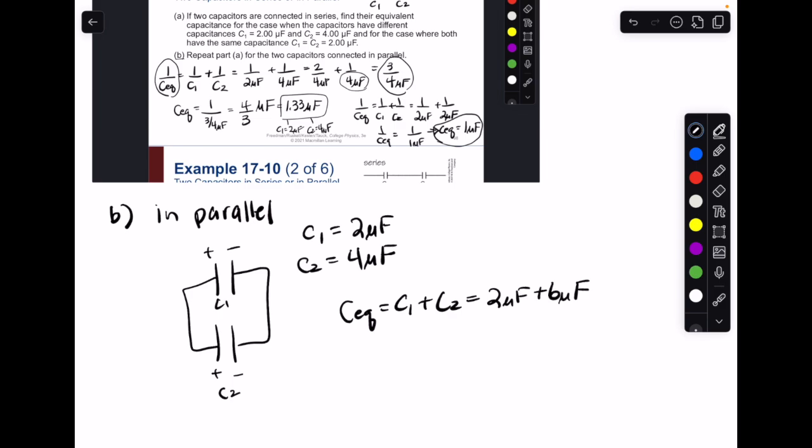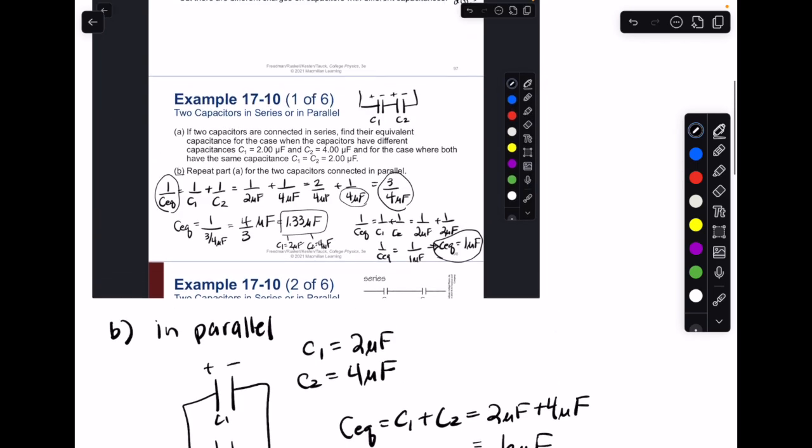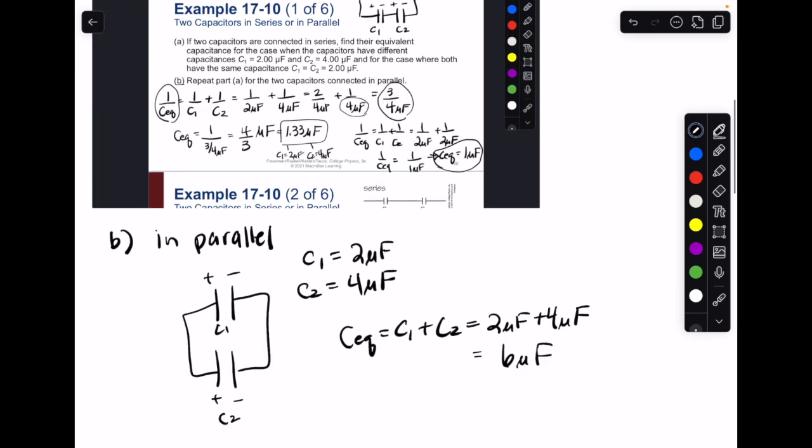So capacitors in parallel add up straight together, and you end up with a much larger capacitor than when they are in series. Look at it in series. Remember, it was 1.33. Now, that same arrangement, but in parallel, is 6.